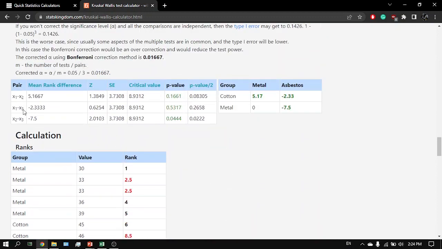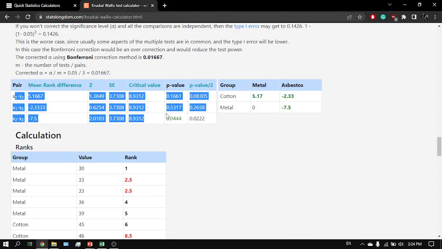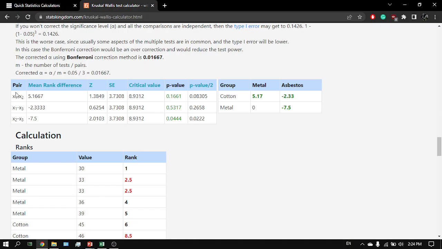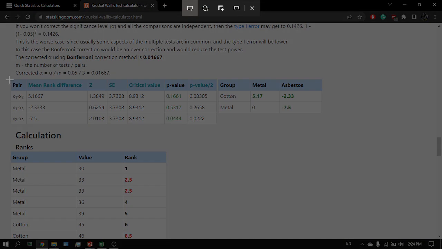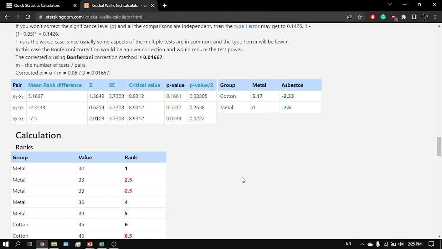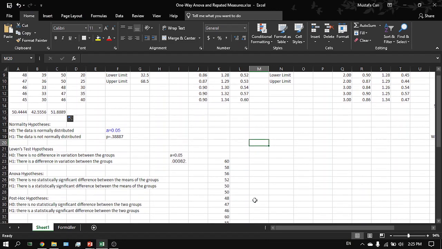I come to post-hoc tests. So what does this mean? Our post-hoc is, let me take a screenshot of this and come to my Excel so that it's easier.